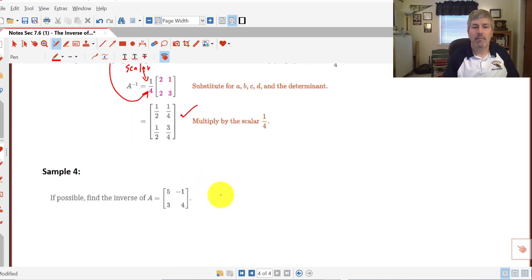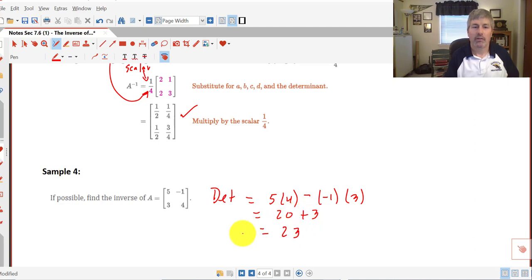Another real quick sample. How easy is this? Our determinant equals 5 times 4 minus a -1 times 3. Our determinant is 20 plus 3, or 23.